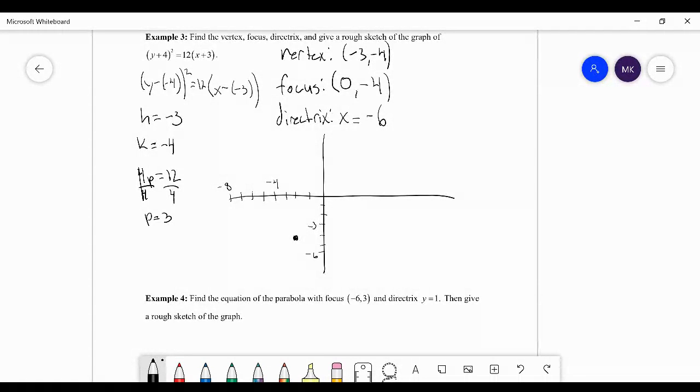So that's our vertex. Our focus is at 0, negative 4, so that puts our focus right about here. And our directrix is x equals negative 6, which would be right here.